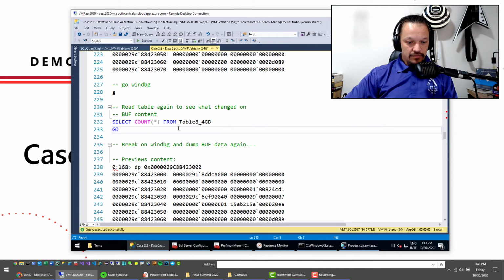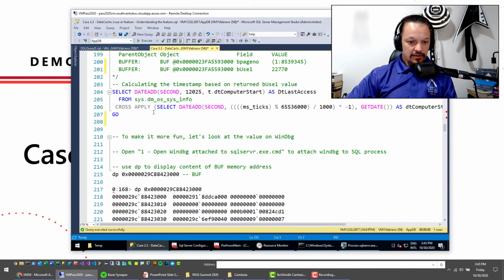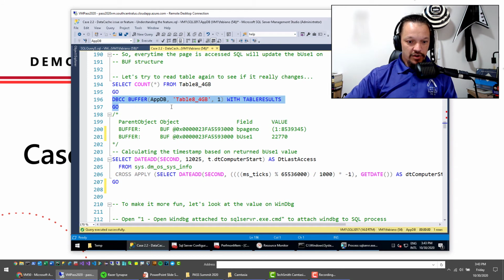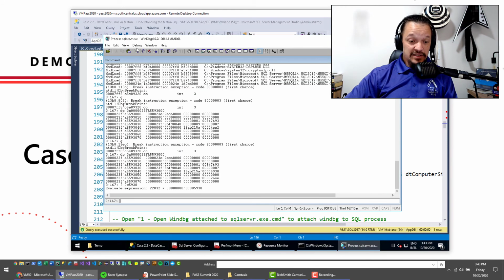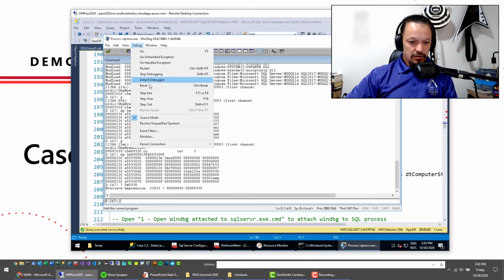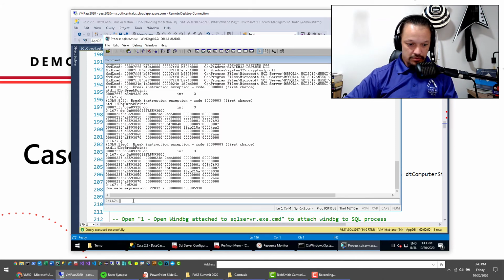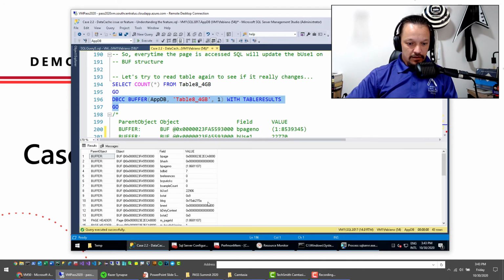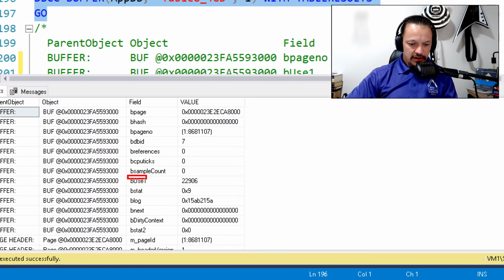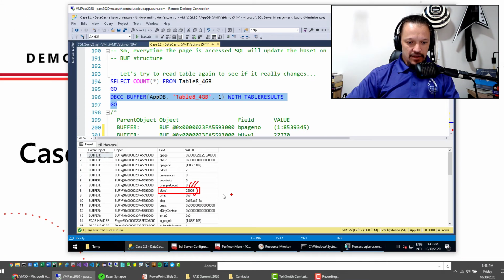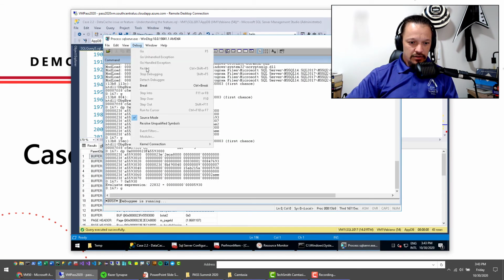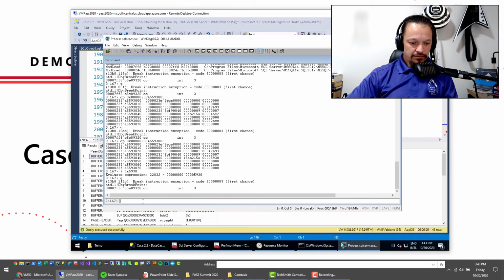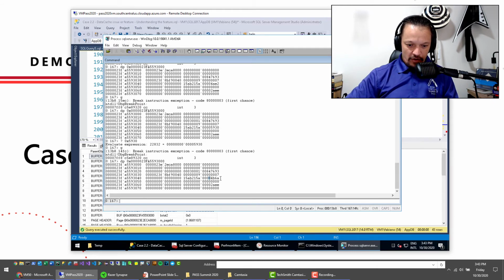Okay, but let me run it again. The buffer pool here, the DBCC buffer. So if I run this, the value that I have here is 22906. Okay. If I look at the buff structure now, I have the 4B6A.